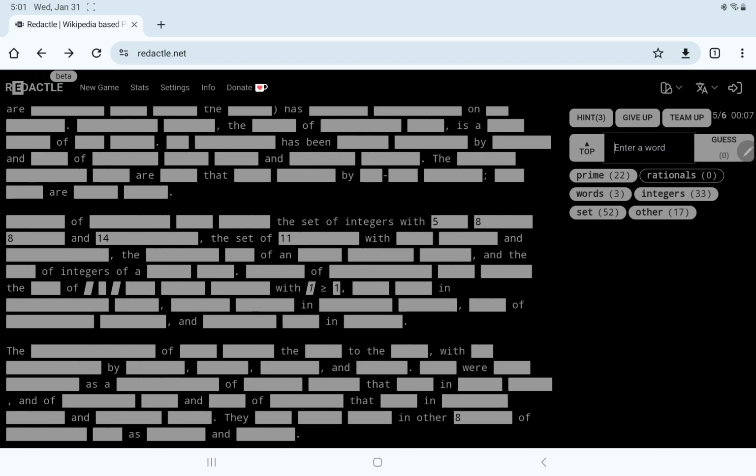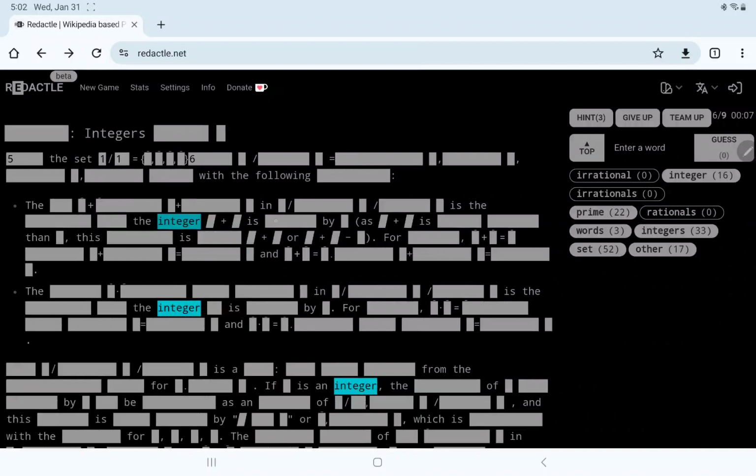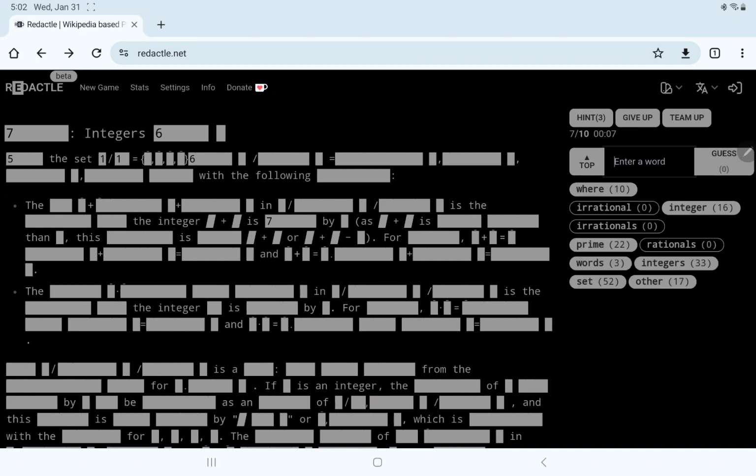rationals is only 9, so maybe irrationals. No. Well, let's try irrational. No. Integer, 16 integer. Integer. Where the set, I suppose?